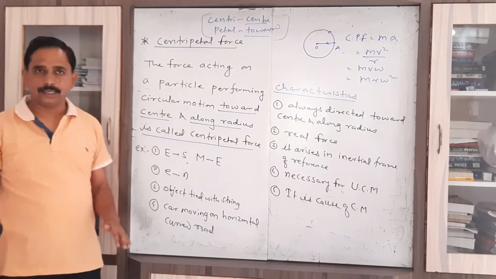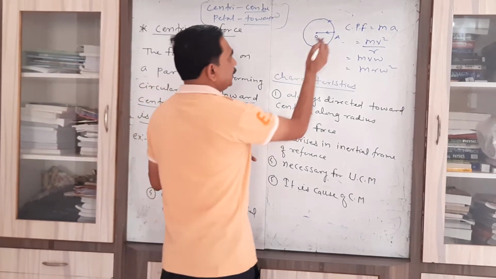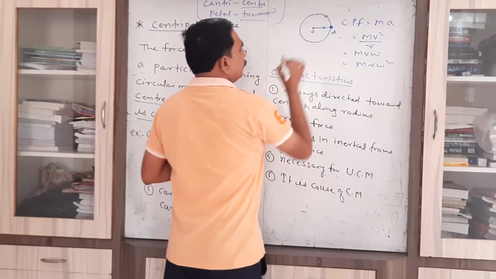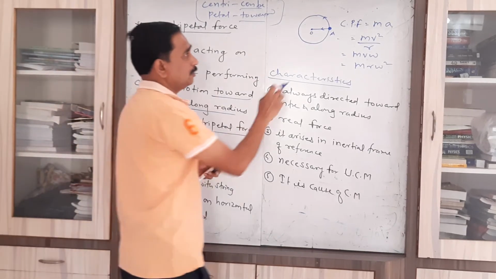That force is called a centripetal force. Now if we consider an object which is performing circular motion, AB its initial position.